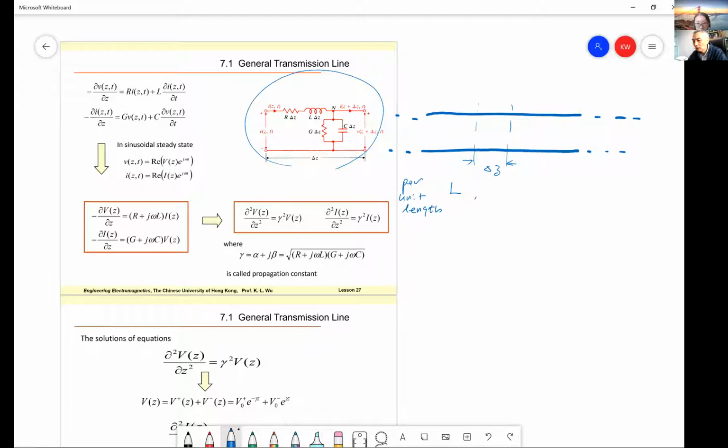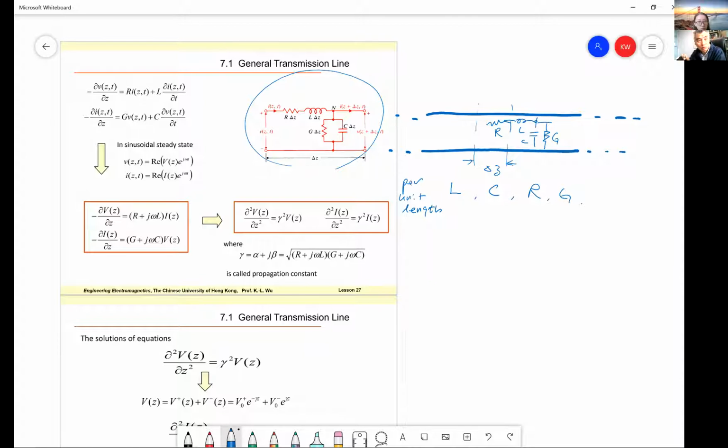We have a capacitance between two conductors, and inductance on one conductor. So we have a loss, R, L, C. Then we also have conductance. With this full circuit model per unit length, then we can determine two very important parameters.